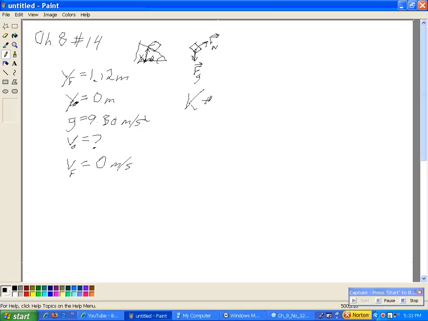So let's see, initial kinetic energy plus initial gravitational potential energy equals final kinetic energy plus the final gravitational potential energy.